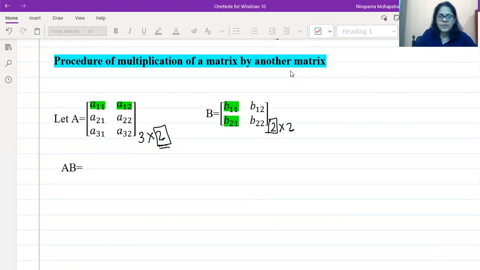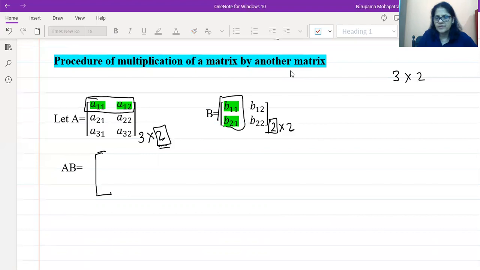Now when I multiply A and B to get A into B, what should be the procedure? Here we consider rows from the first matrix and columns from the second matrix. Here you can see 3 by 2, and this is 2 by 2. So as per the definition, we should get a 3 by 2 matrix. Okay, then how to get it?